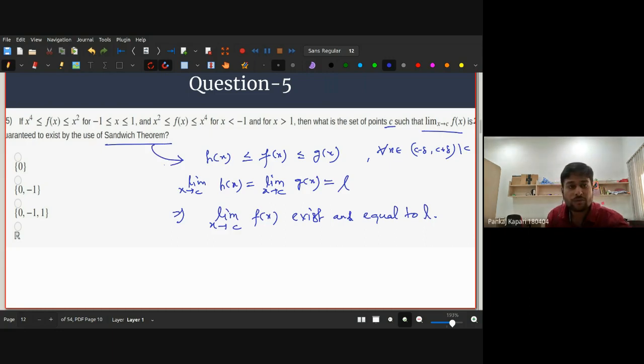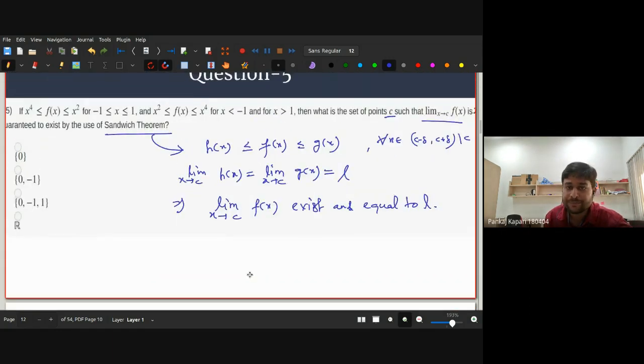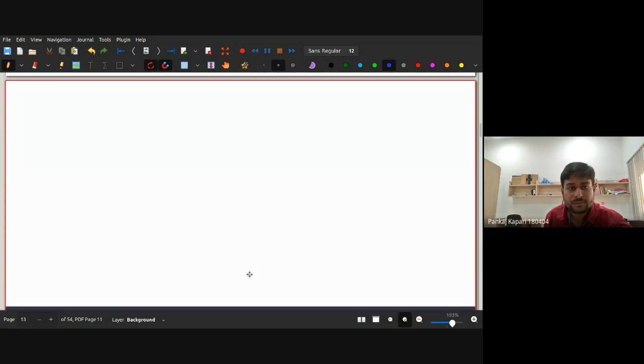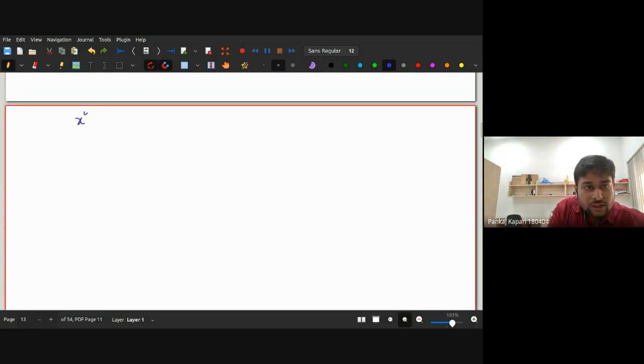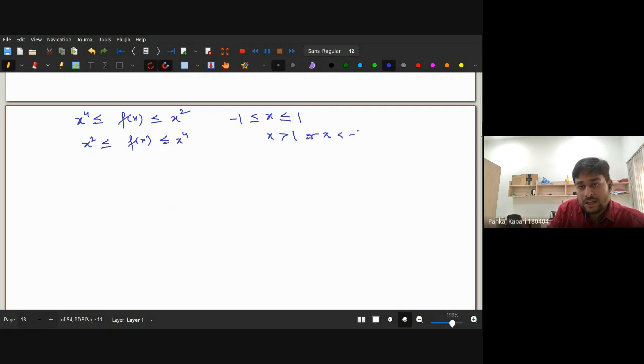And now we have been given that our function satisfies x to the power 4 less than or equal to f(x) less than or equal to x square, and this inequality holds whenever x lies between 1 and minus 1. Otherwise, the other inequality holds when x is either greater than 1 or less than minus 1.